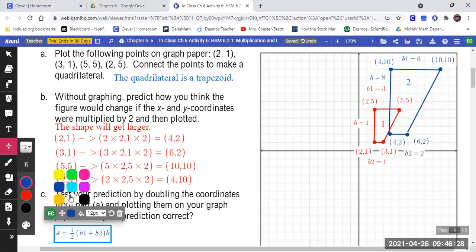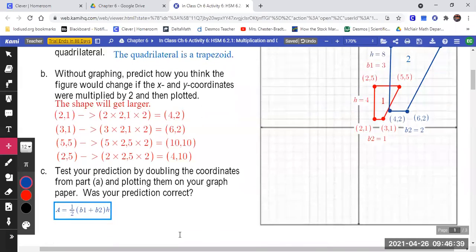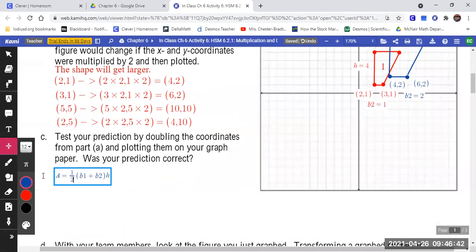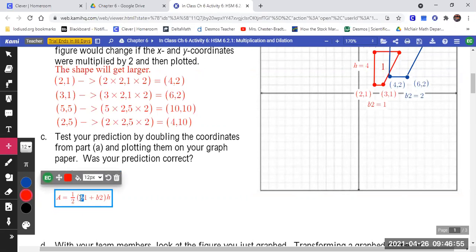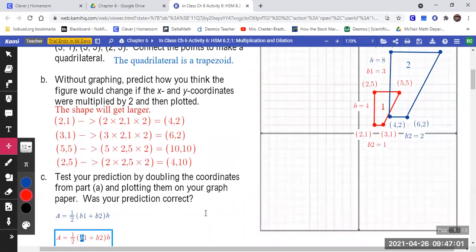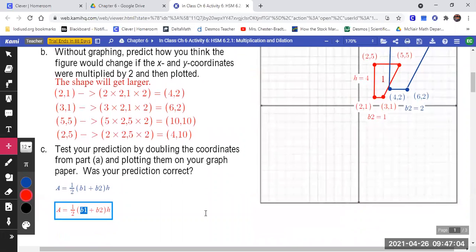So we are going to take this formula, base 1, base 2, and height, and we are going to go ahead and work it out for both the red one and the blue one. We're going to put our numbers in, okay? First time we put it in, we're going to do the red ones. So I'm changing it to be a red. I am replacing the base 1 with the red base 1, which was what number? What did we say the red base 1 was? How much did we say base 1 was for red?